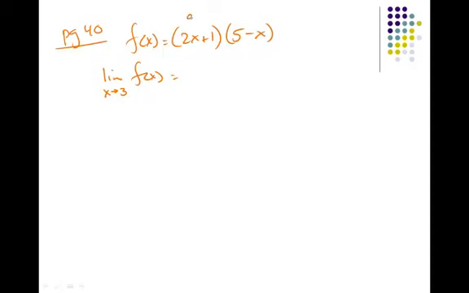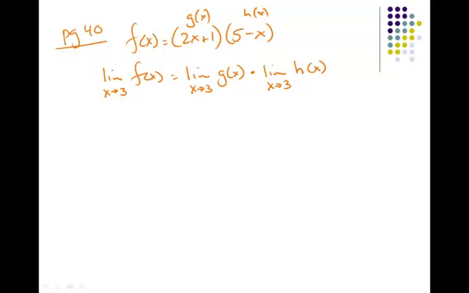If I define this little function as, what did they use? Yes, g of x, and this little function as h of x, I can say that this is the limit as x approaches 3 of g of x times the limit as x approaches 3 of h of x.